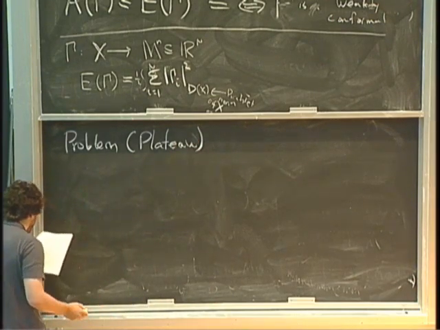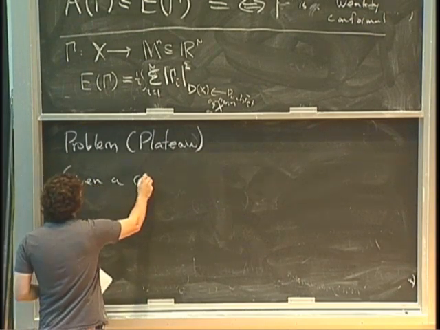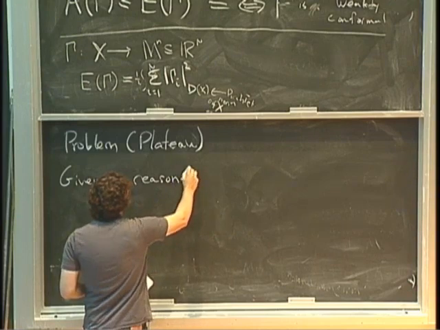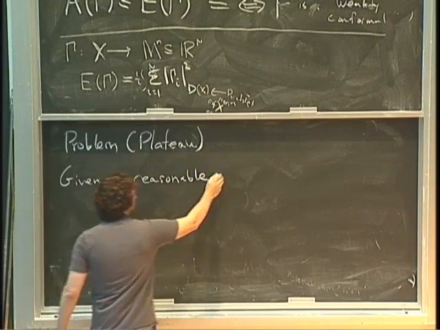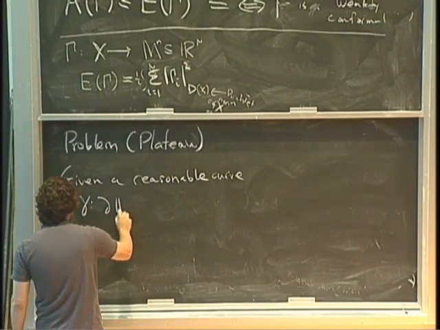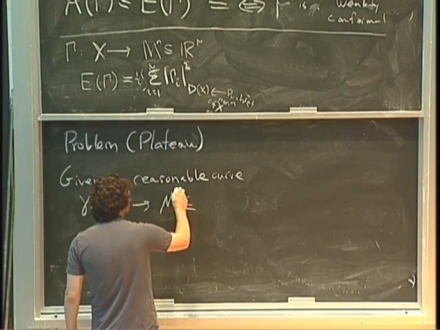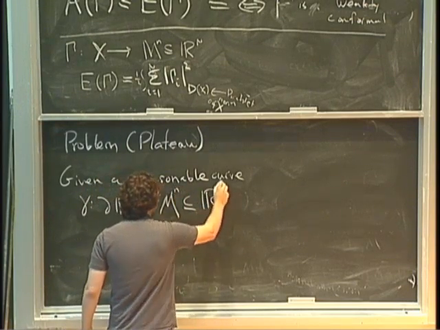So the idea is, given a reasonable curve, which means, say in words, a map that takes the boundary of the disk to M. Plateau only formulated this in dimension 3, but we might as well do it in general.